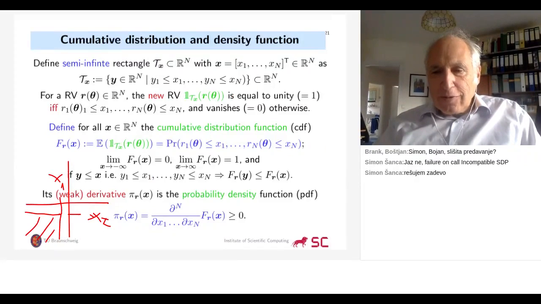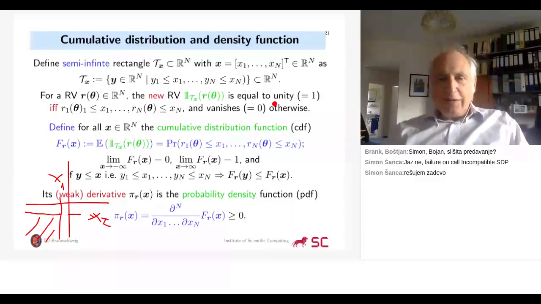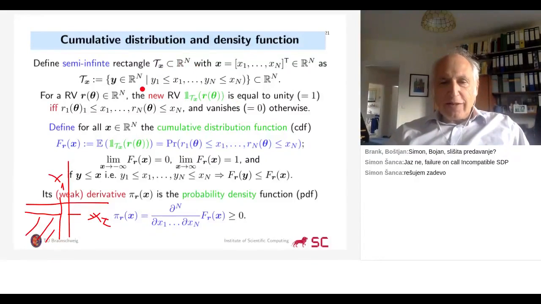I'll go back to my hand here. So that's what this rectangle looks like. And now we look at the probability that the random vector is in this rectangle. We have only 2 dimensions here, but this is up to n dimensions. So that's what we're going to look at. First we make a new random variable, a function 1, which is 1 here and 0 out here.